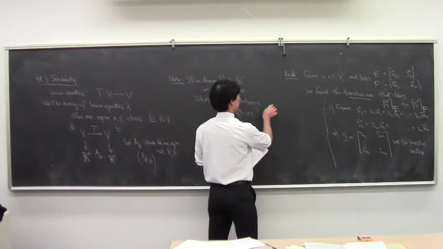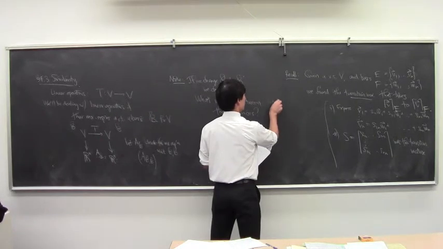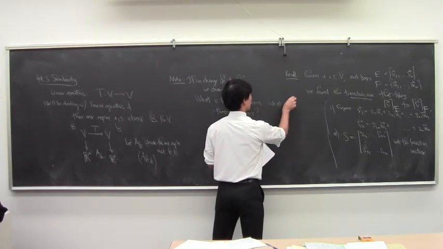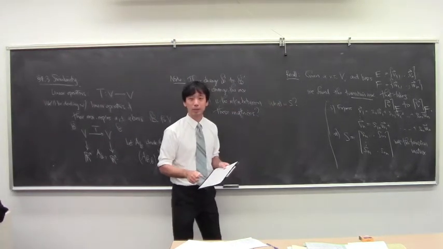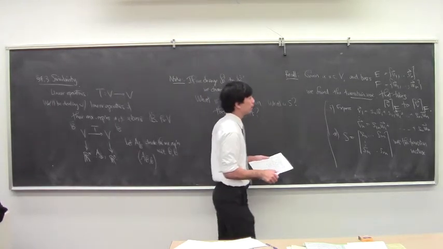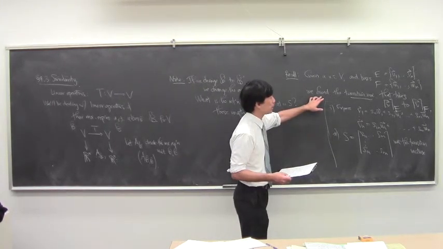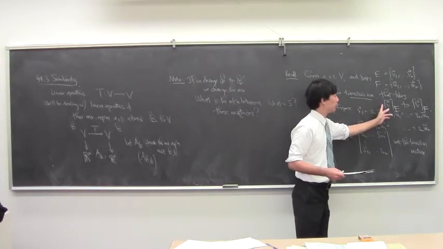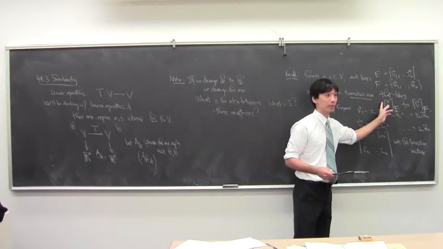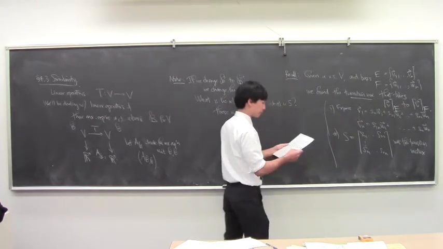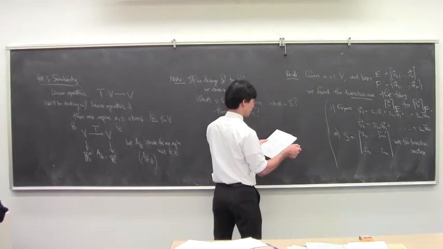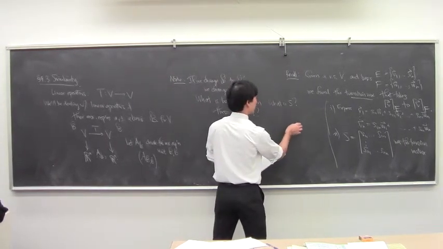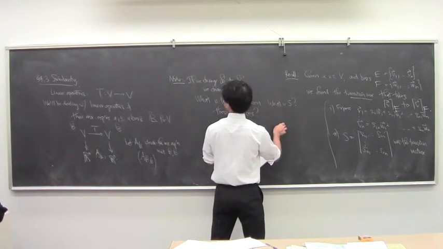Just one comment. What is S? At this point, we can say something a little bit more about S. S is the transition matrix that takes the coordinate vector with respect to E to the coordinate vector with respect to F. We can think of it in a slightly different way now.